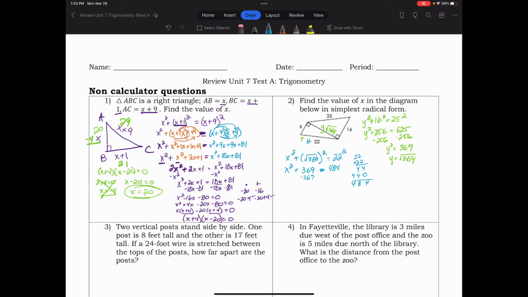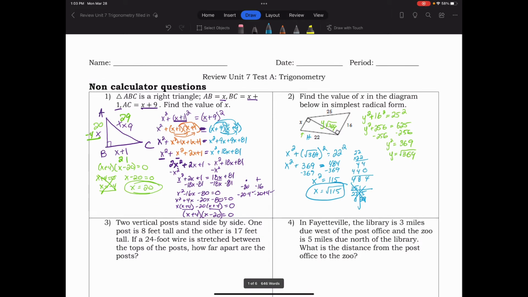I subtract 369. X squared is equal to 115. X is equal to radical 115. I'm just going to look at 115. I know 5 goes into 115 23 times. 23 is prime, so I actually don't need to simplify, so my answer is radical 115.